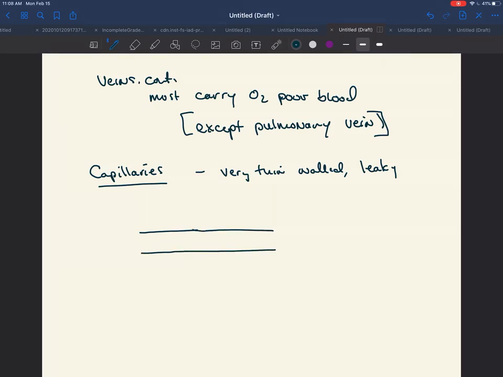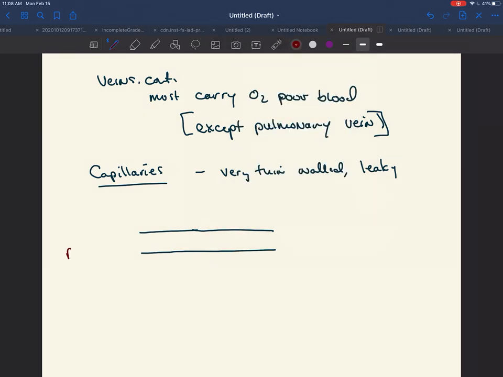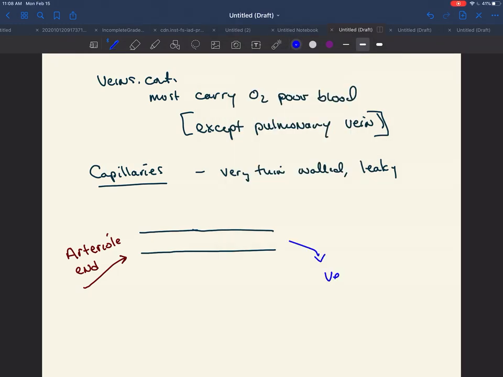So the arteries branch and branch into smaller blood vessels until we get to what is called an arteriole. And maybe I'll use some different colors here. So I'll use red and blue. Okay, so this is the arteriole end. So oxygen-rich blood is coming in to the arterial end, and then it is leaving via the venule end.